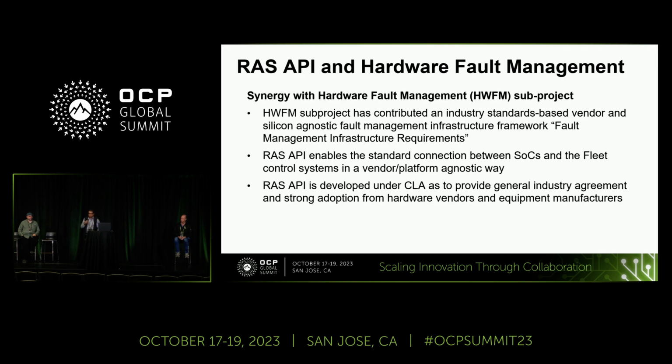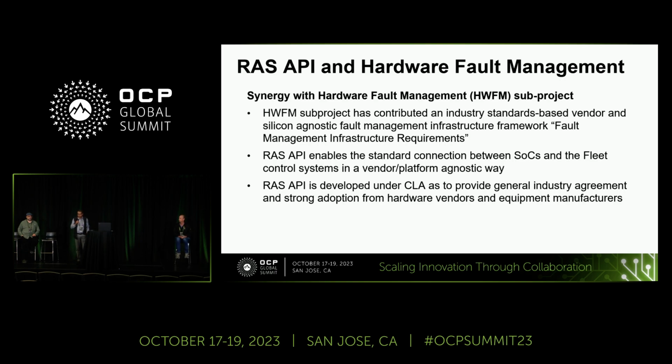I think John Lung and Hemel, you all did a pretty good job of showcasing the whole hardware management structure. We're going one click deeper here. What we're trying to do in the next part of our talk is to compare and contrast RAS API with various other RAS-related efforts that we have in hardware fault management. First of all, how does RAS API compare with hardware fault management? There's a lot of synergy between the two, because we have contributed an industry standard-based, vendor and silicon agnostic fault management infrastructure framework. RAS API enables a part of that by allowing a standard connection between the SoC and the fleet control system, which is also vendor and platform agnostic.